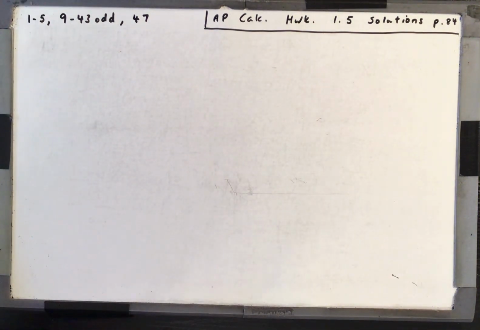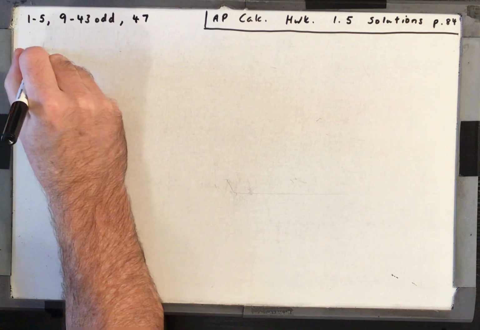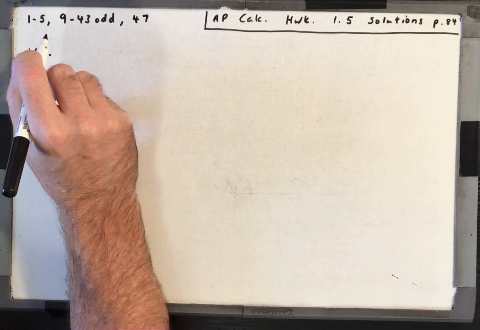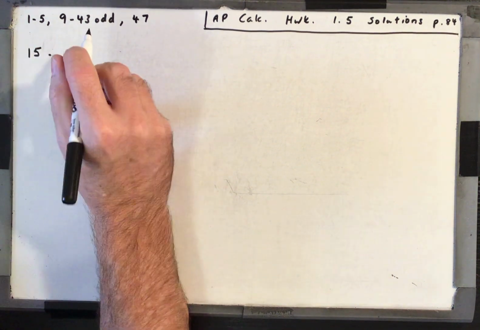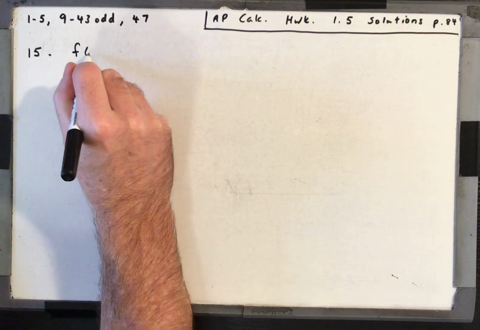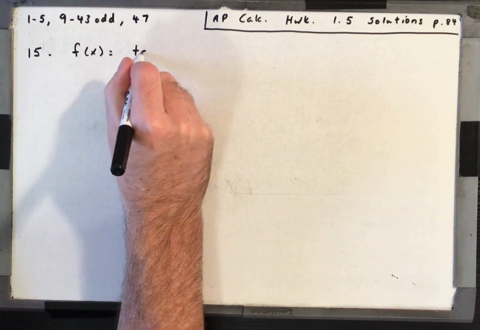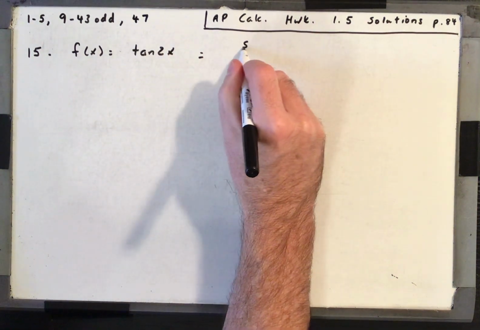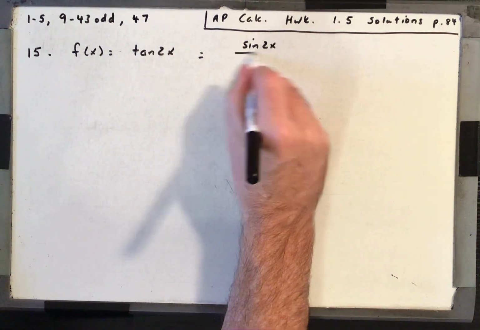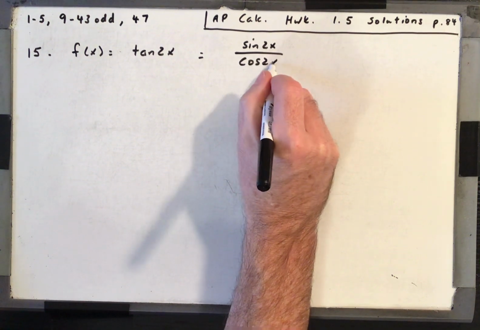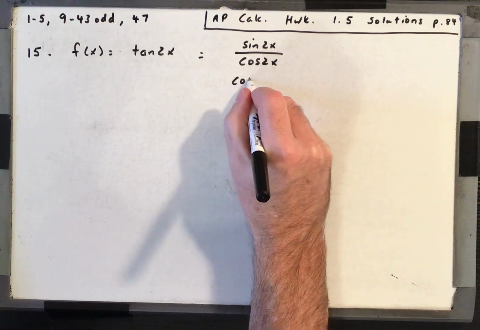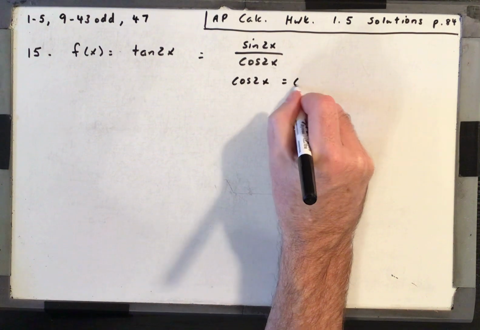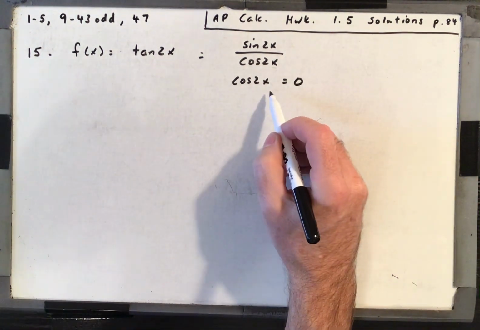Okay, number 15. So that one, we have f of x is tangent 2x. So that's going to be sine 2x over cosine 2x. So we're worried about where does cosine 2x equal 0? Well, look at the unit circle.